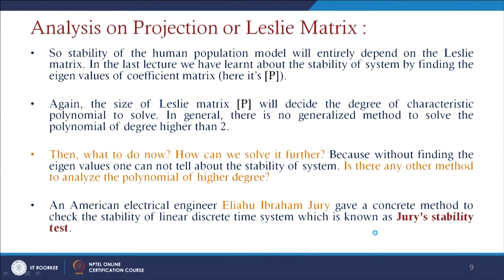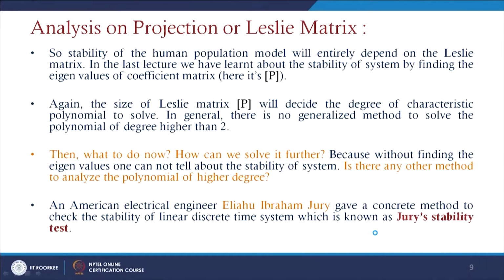We already know that if the system is linear, we can have a solution, and if it is a quadratic equation, then we have an analytical solution. But if the degree of the polynomial is greater than 2, we do not have any analytical method or exact solution; it is difficult to find, and we especially go for a numerical solution.